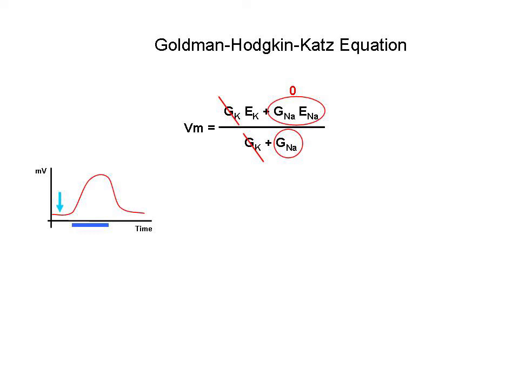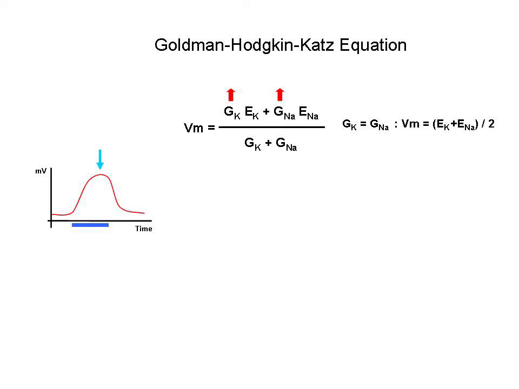So what happens when the neurotransmitter is released and the ionotropic receptors open up, which means that both GK and G sodium increase because the channel that opens up can conduct both ions. So what does it mean? What should be the membrane potential? When you look at it, if GK and G sodium are exactly equal, the membrane potential should be the average of EK and E sodium.